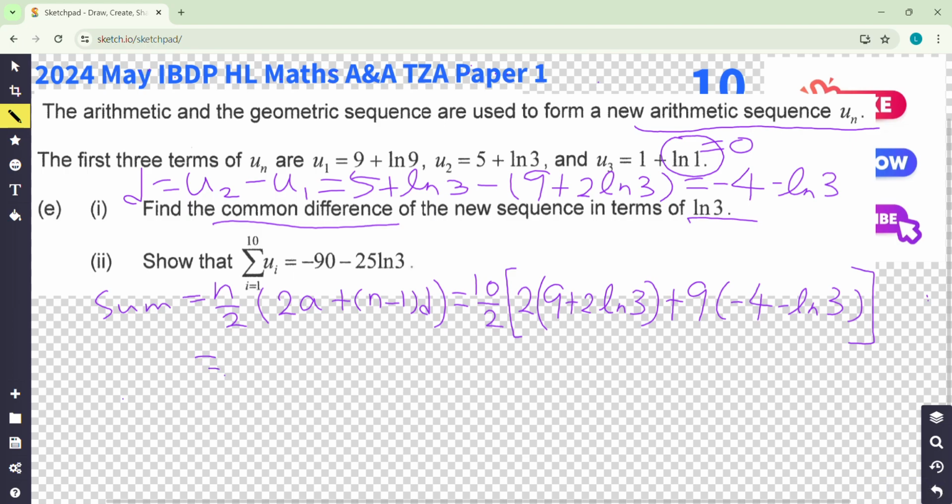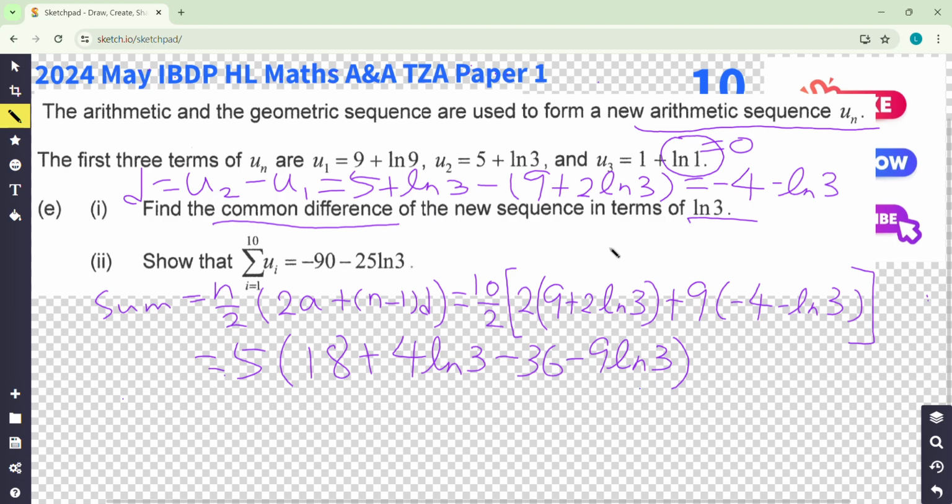And then first step becomes 5. Expand them. 18 plus 4 log 3, now do it slowly. Minus 36 minus 9 log 3. See, checking.